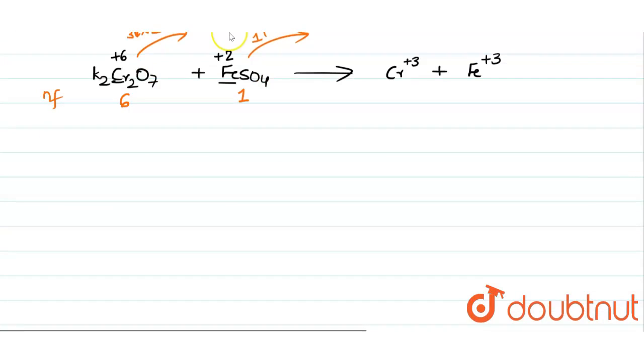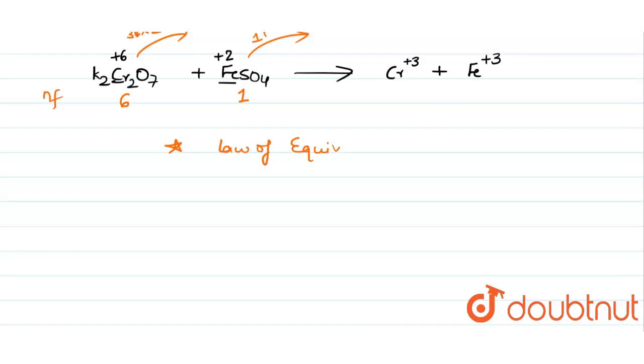So we need to know one more formula. First is equivalence. So we need to know the law of equivalence. So what is law of equivalence? It states that equivalence of K2Cr2O7 is equal to equivalence of FeSO4.